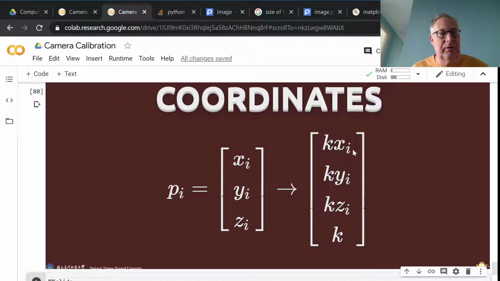So far we've only ever done x, y, z, and 1, right? And it wasn't really clear why we would have this extension for multiple representations for a point by having an arbitrary k that we can multiply here.